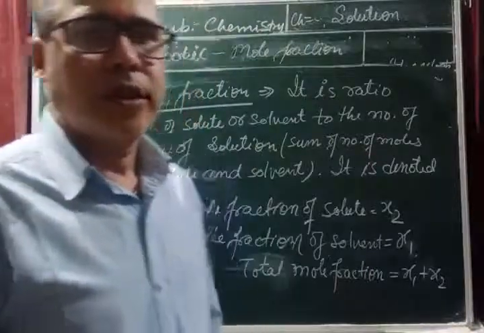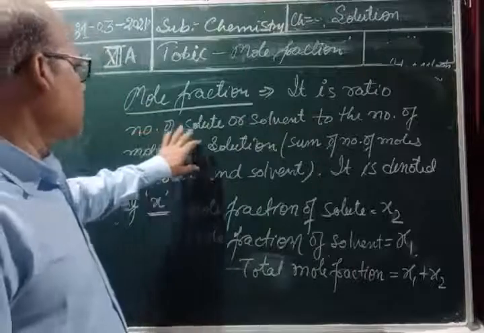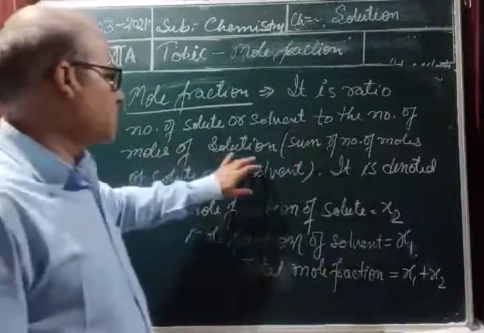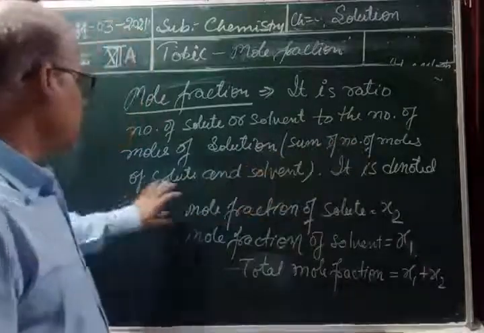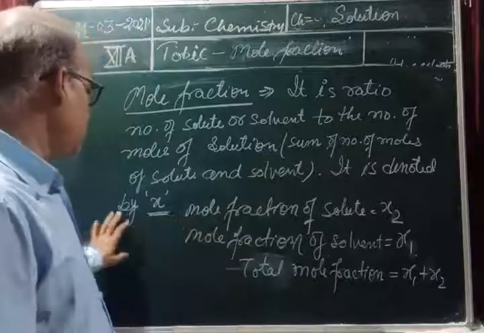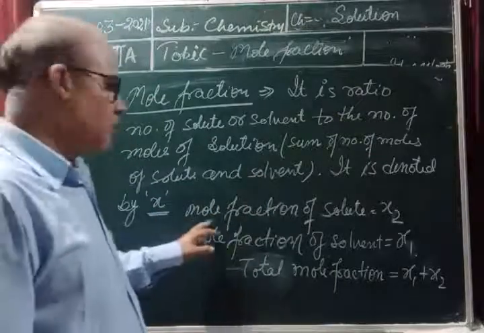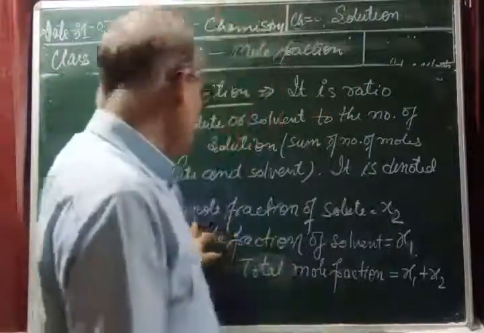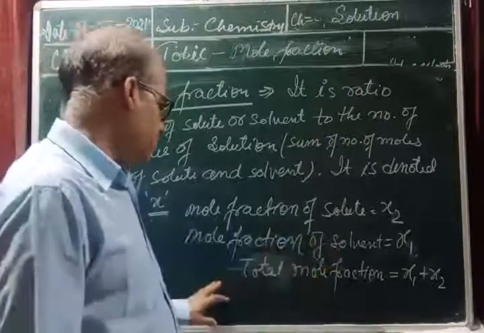Now you can note that it is the ratio of the number of moles of solute or solvent to the number of moles of solution, means the sum of the number of moles of solute and solvent, and it is denoted by X. Mole fraction of solute is X2, mole fraction of solvent is X1.